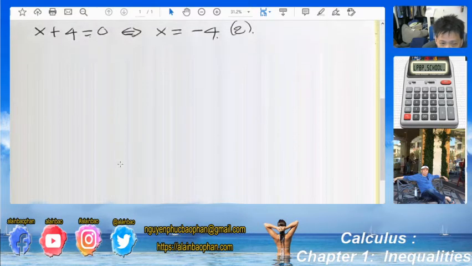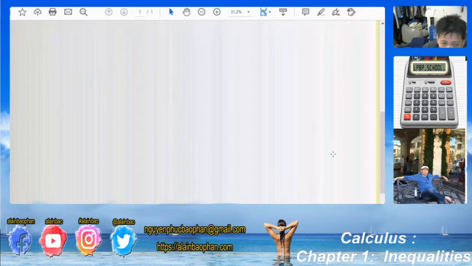Okay, now the important thing is that you have to know how to draw a table. So now we need to draw a sign table of f of x equal x plus 3 times x plus 4. So first of all, on the first line you put x, and you need to find the domain.